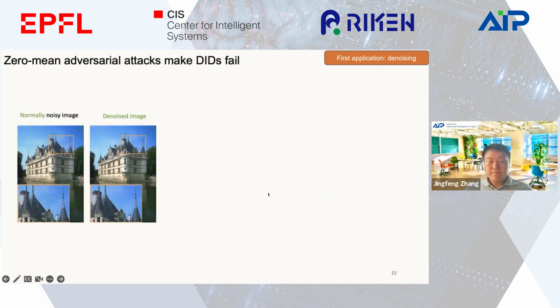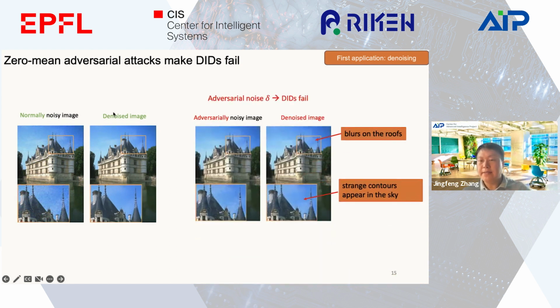For example, we can see here, the deep image denoiser can effectively handle the normally noisy image and remove the noise to reconstruct the clear image. By comparison, if the noise is crafted by our zero mean attacks, the performance of the deep image denoiser is severely destroyed.